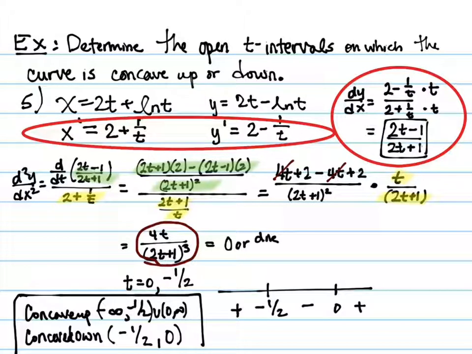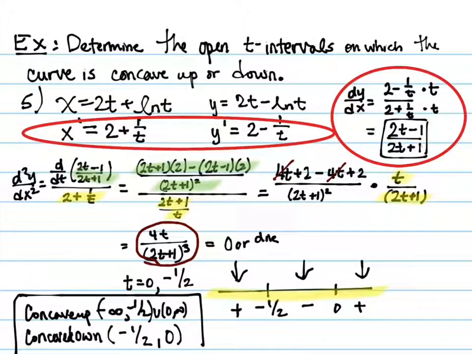And if I set up a sign chart over here with those two values, those three intervals, I can test a value in each location. So if I test a value before negative 1/2, I actually end up getting a negative in the numerator and a negative in the denominator, which is a positive overall.